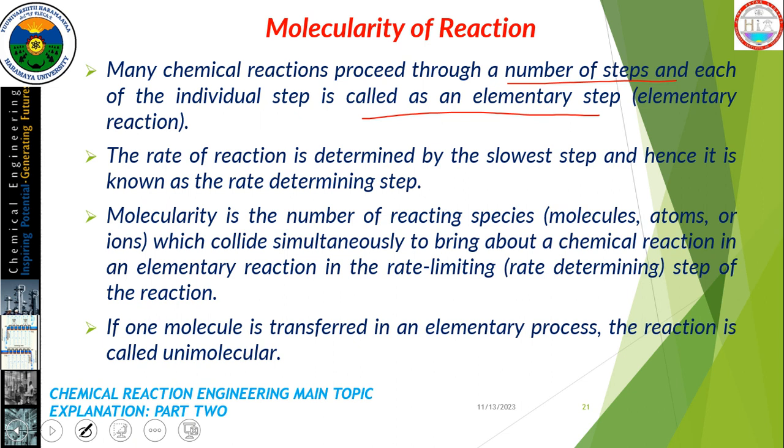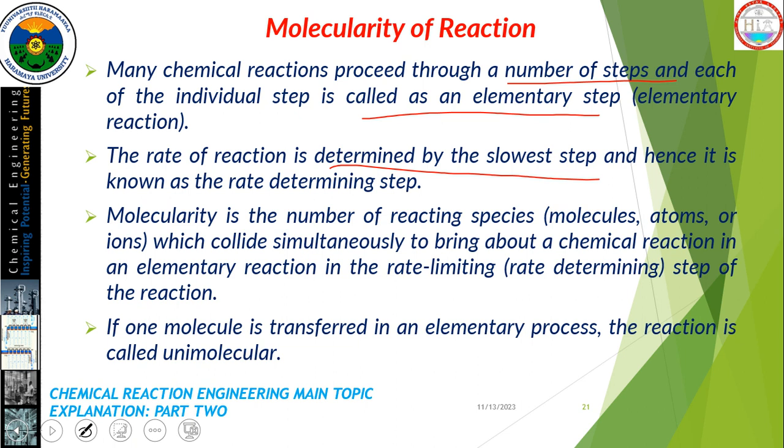But the full consideration, initiation step, propagation step, then termination step, is considered a non-elementary reaction. The rate of the reaction is determined by the slowest step. The slowest step is the rate determining step. Hence, it is known as the rate determining step.